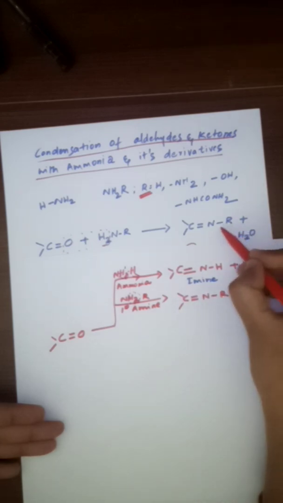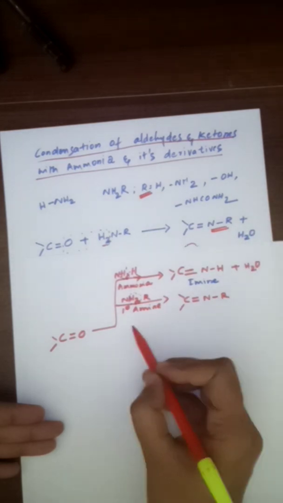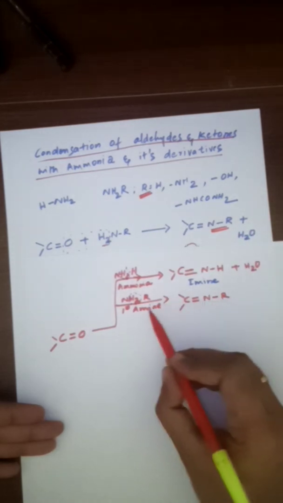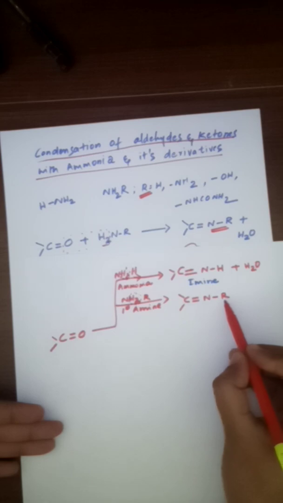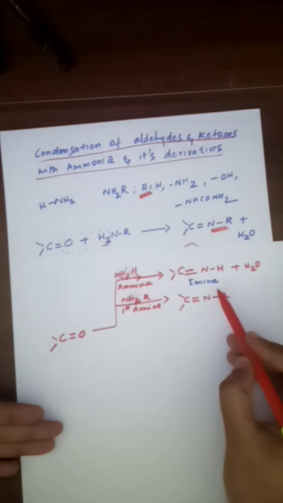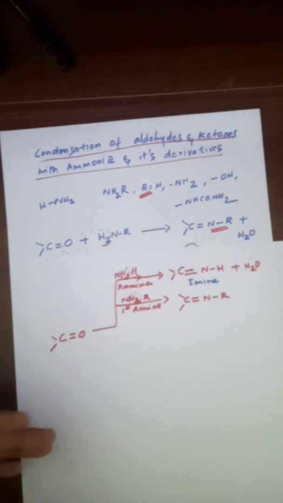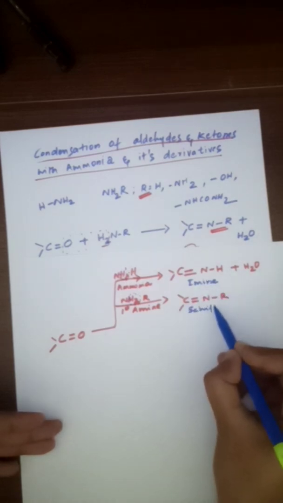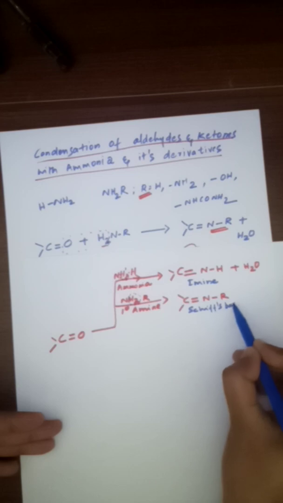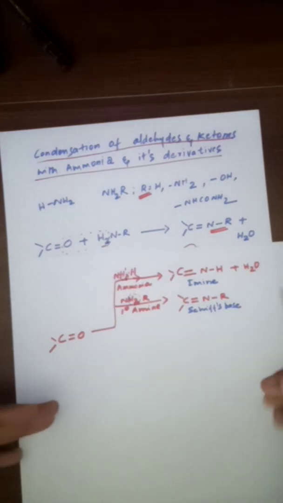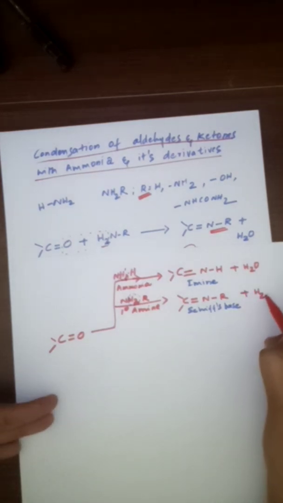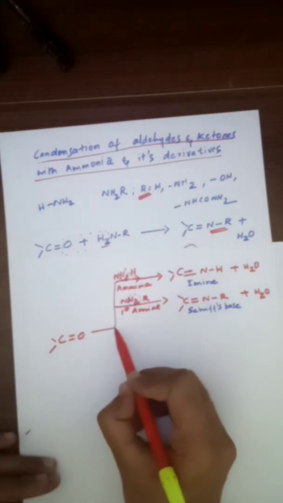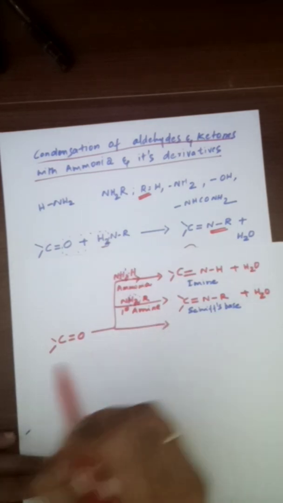This is similar to this compound, right? And if this is a primary amine and H is not there, this is generally known as Schiff's base. So Schiff's base is an imine derivative. Along with that, what you will get? Water. Water will be the byproduct in all your reactions.